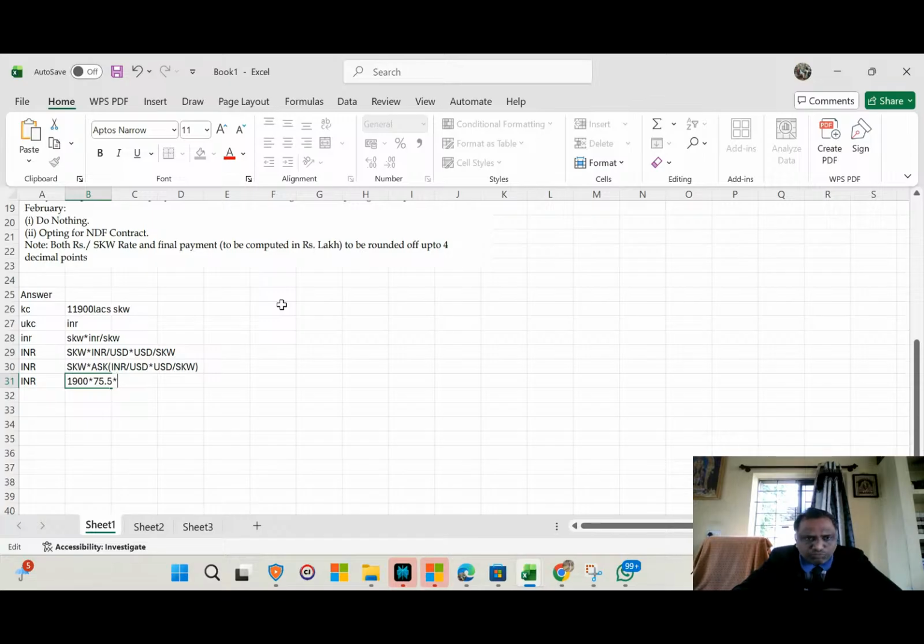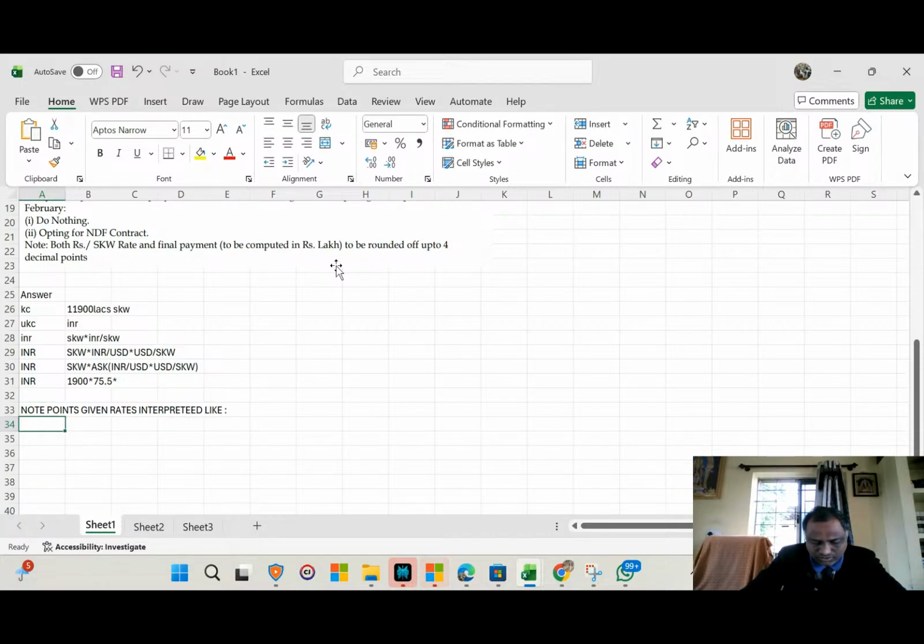Dear friends, note the points. The given rates are interpreted like INR divided by USD and SKW by USD.